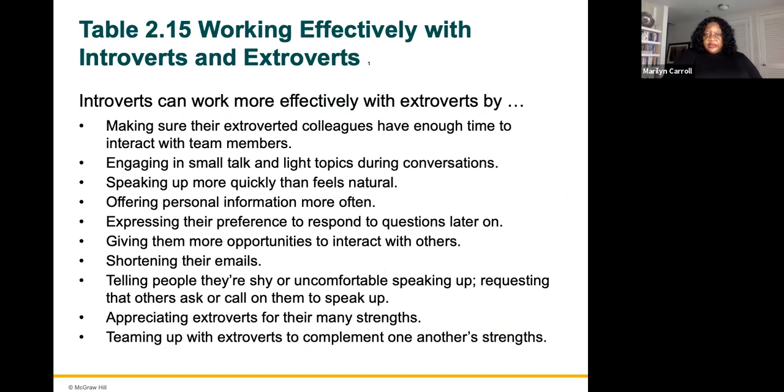Introverts can work more effectively with extroverts by making sure their extroverted colleagues have enough time to interact with team members and engaging in small talk and light topics during conversation, by speaking up more quickly than feels natural for them, offering personal information more often, expressing their preference to respond to questions later on, giving them more opportunities to interact with others, shortening their emails, telling people they're shy or uncomfortable about speaking up, and requesting that others ask or call them to speak up.